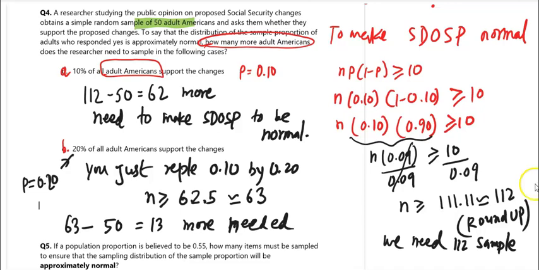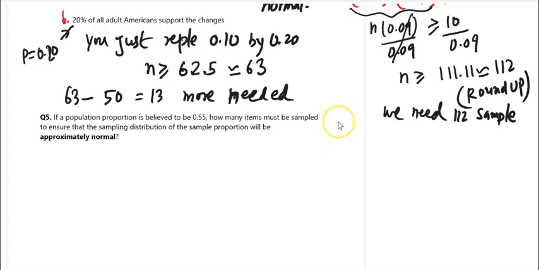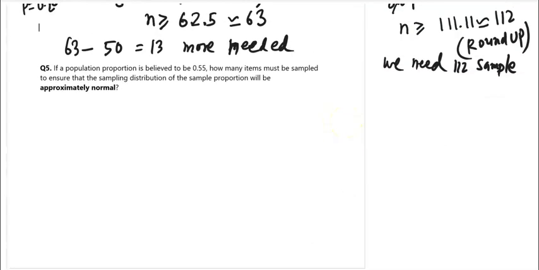Question number 5, the last question of this handout, is similar to question number 4. Let me do that for you. If the population proportion is believed to be 0.55, then p is 0.55, because it's a population proportion. How many items must be sampled?